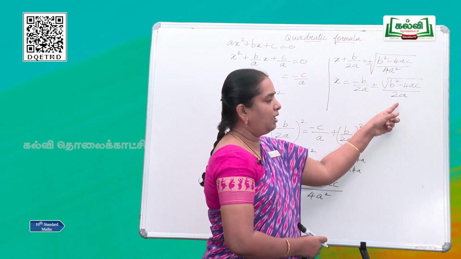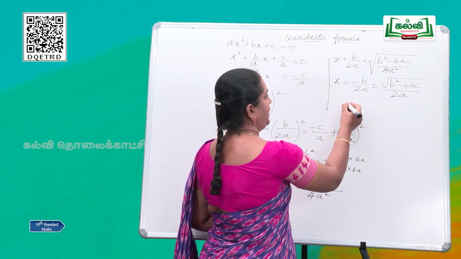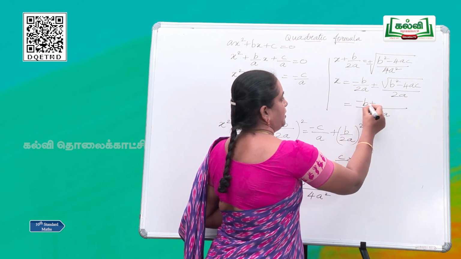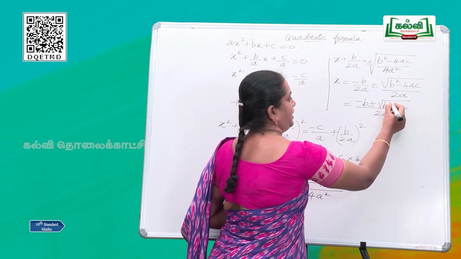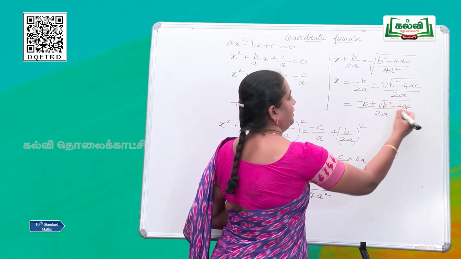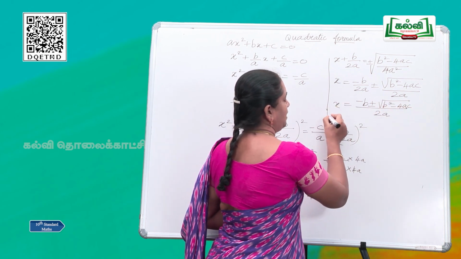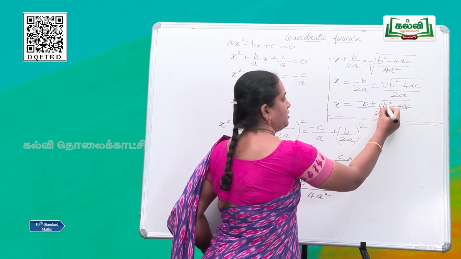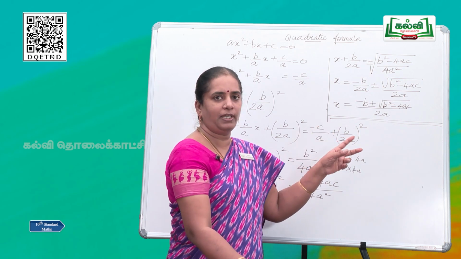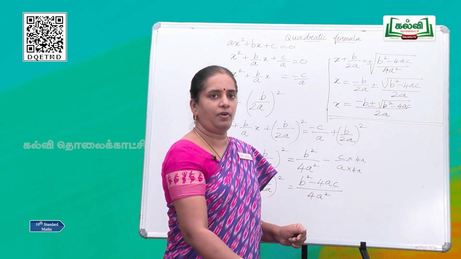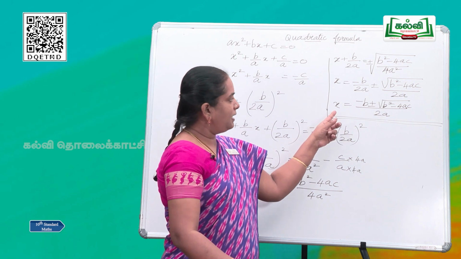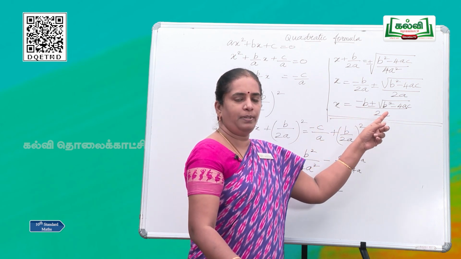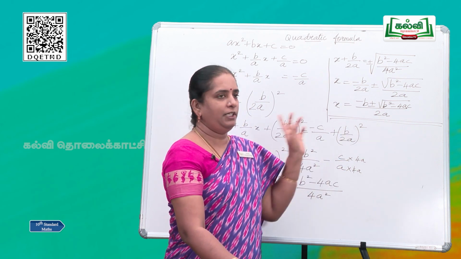These two have the common denominators and we can simplify it as minus b plus or minus root of b square minus 4ac by 2a. So, this is our quadratic formula. We can get the solution using this formula. Formula goes as x is equal to minus b plus or minus root of b square minus 4ac by 2a.